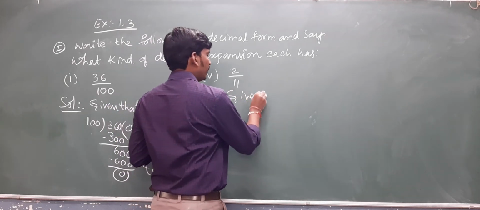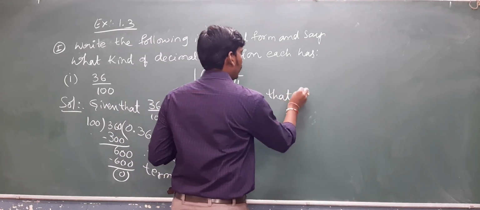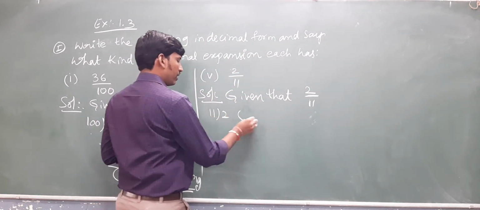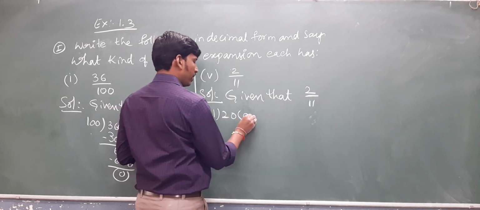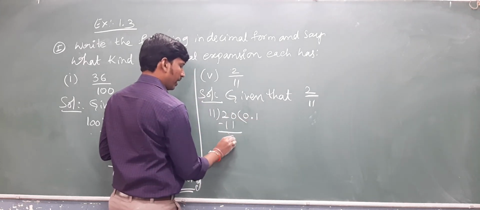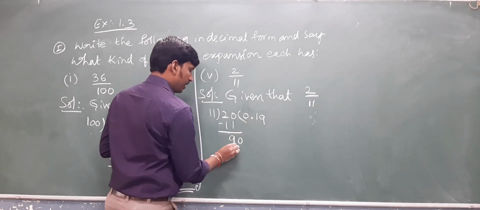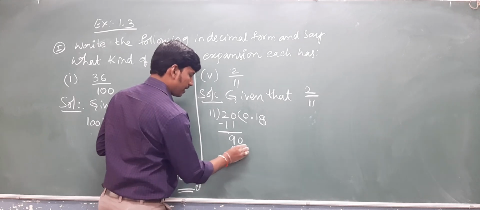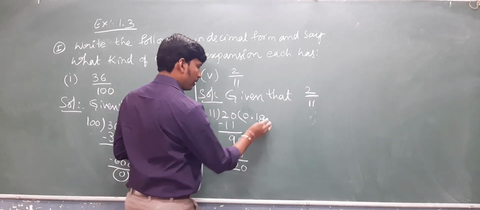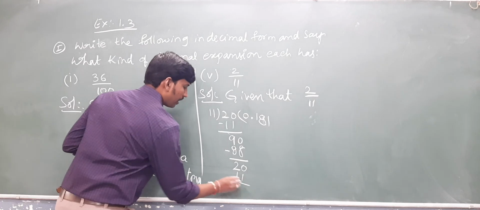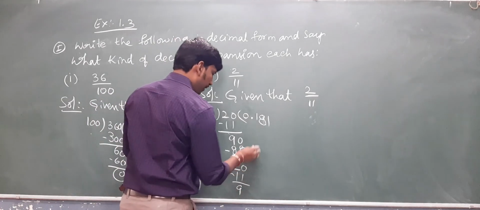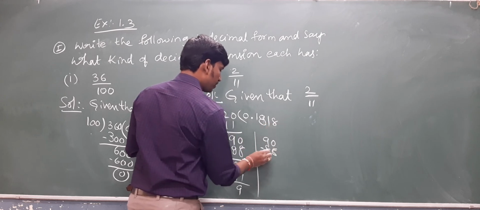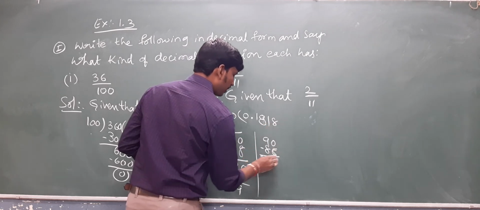Given 2 by 11. When you divide 2 with 11, 0.0, 11 ones are 11, 9, 0, 11 eights are 88, 2, 0, again 11 ones are 11, again 9, so 0, 11 eights are 88, so now again you will get 2.